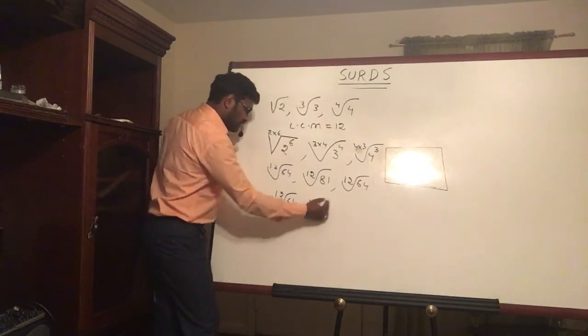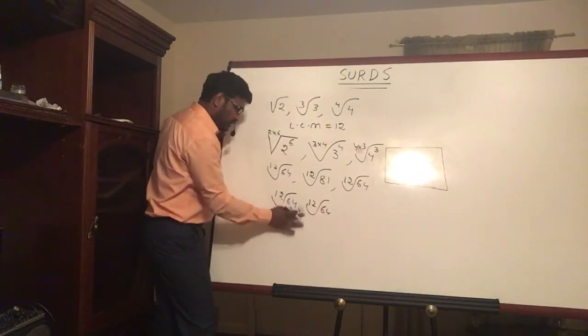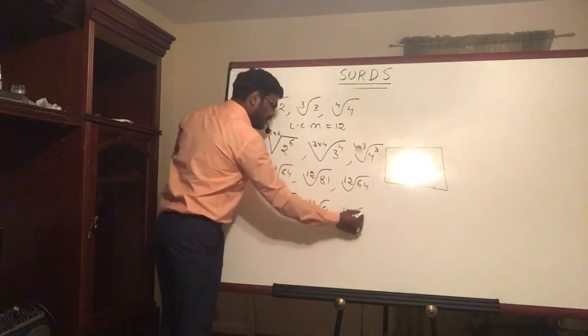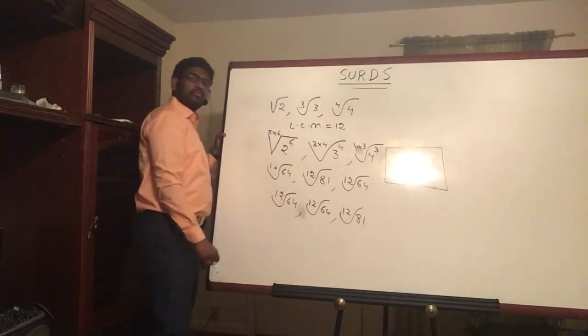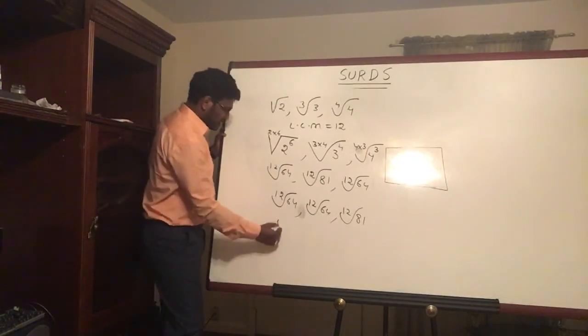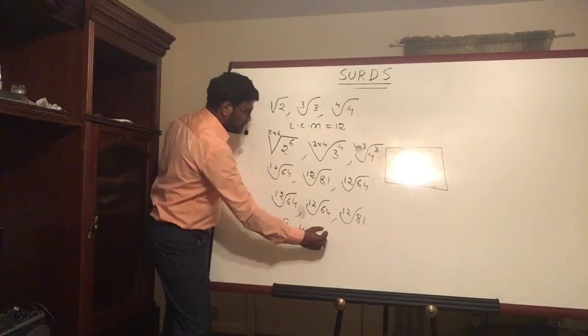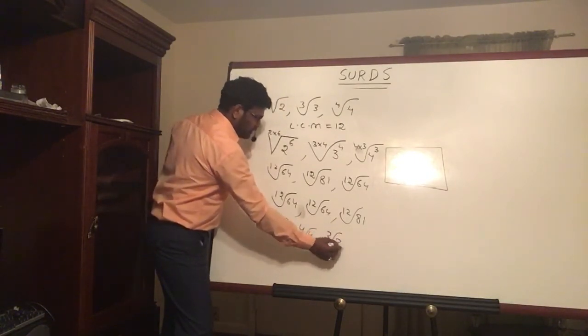So the order is square root 2, fourth root 4, and next is cube root 3.